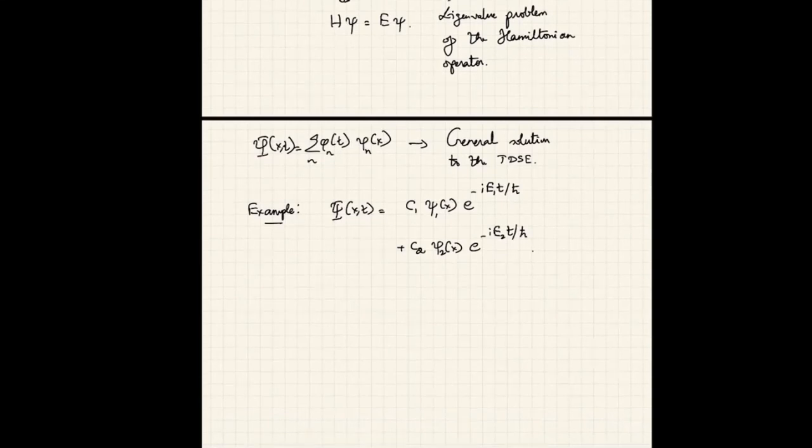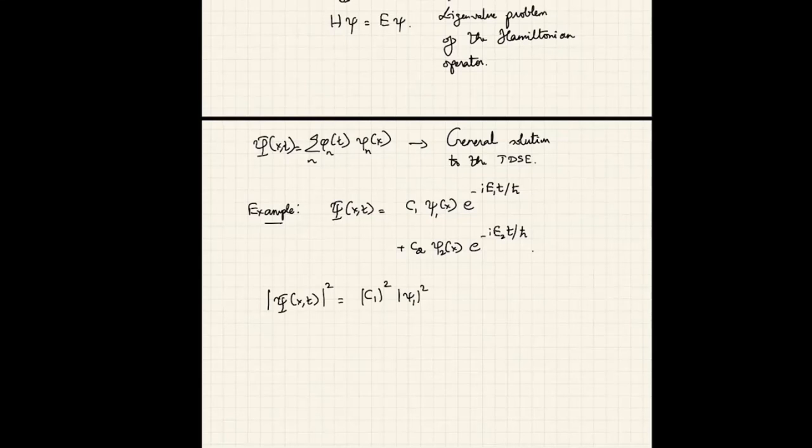What this means is that suppose I want to calculate the probability of finding the system between x and x plus dx at any time t. The probability is C1 squared, psi1 squared, times e to the minus iE1t over h bar times e to the plus iE1t over h bar.